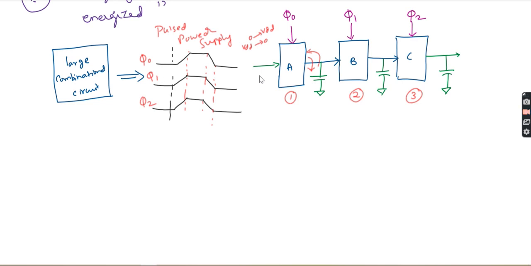Now there will be a problem when the second stage gets executed. When the first stage is going from VDD to 0, it will try to discharge. If it tries to discharge, this circuit cannot be energized, and there will be some problem. The problem will occur during the de-energized time, actually.